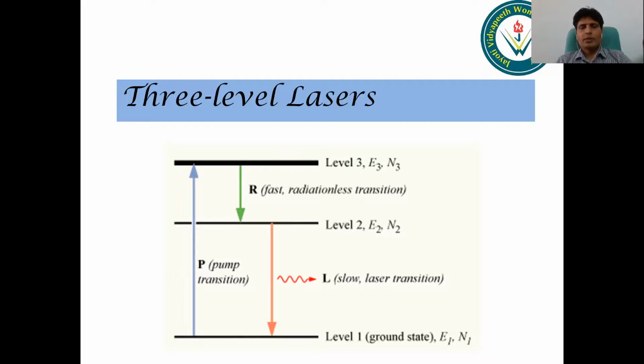That is, the number of atoms in the higher energy state E2 is less than the number of atoms in the lower energy state E1. If by some technique the number of atoms in the high energy state E2 is made much larger than that in the low energy state E1, this situation, in which the number of atoms in the higher energy state is greater than that in the lower energy state, is called population inversion.